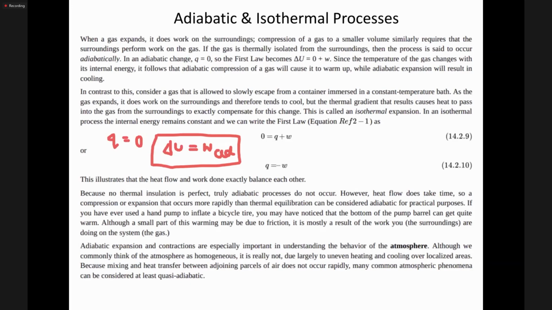That is why in case of adiabatic compression, when the gas is compressed, you see W adiabatic is minus P external into delta V. Let me just correct it over here. It is delta V. Okay. So W adiabatic is equal to minus P external into delta V.